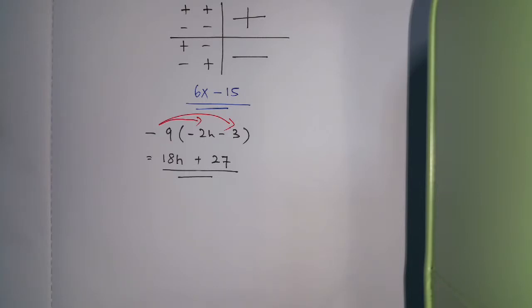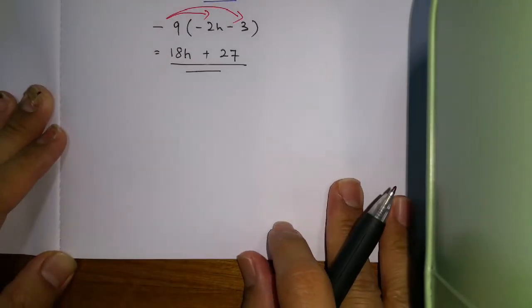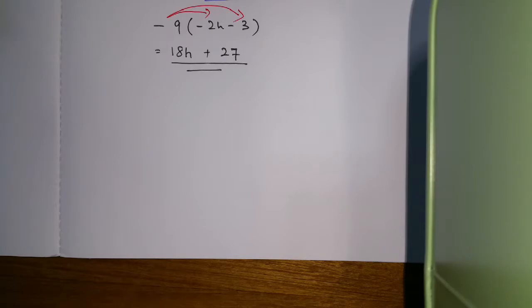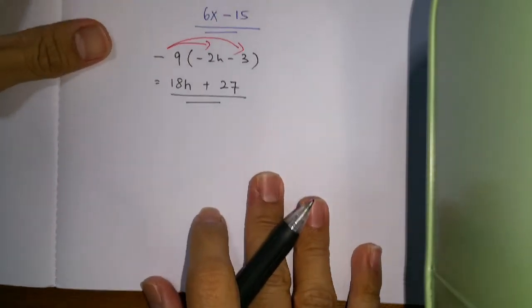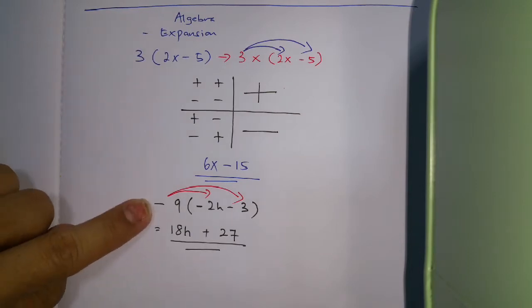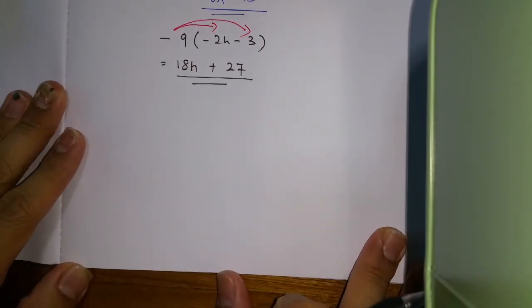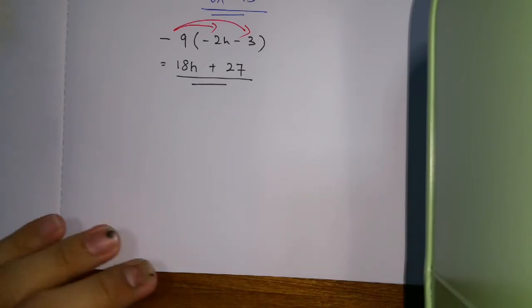So I've done 2 different expansions, and this is just your first step. The next kind of question that you are going to see is a combination of this question and this one. Let's see the question, and let's see how to do it.